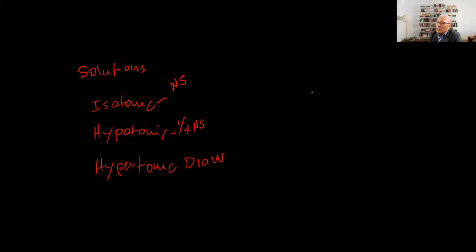All right, when you give an isotonic solution, so if this is a cell and this is the blood vessel, an isotonic solution is mimicking the concentration in the vascular bed and also in the cell. So in an isotonic solution, there is equal exchange of the fluid.